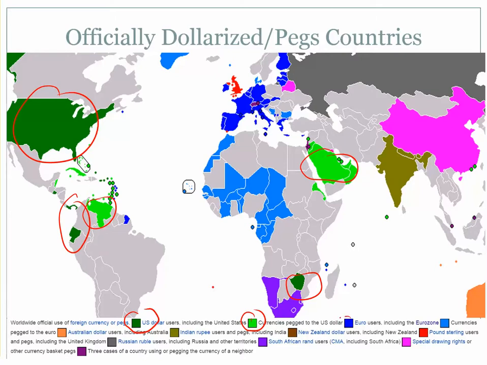You have euro users, which is the eurozone, which includes Finland. And you have currencies that are pegged to the euro, large parts of Northern Africa. And then here are your major other currencies, the Australian dollar, the Indian rupee, the Chinese yuan, and the Japanese yen off here.